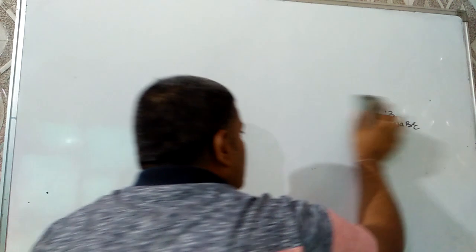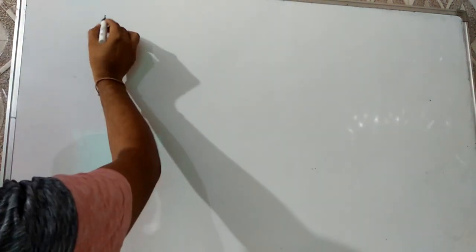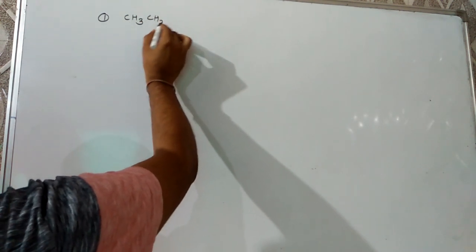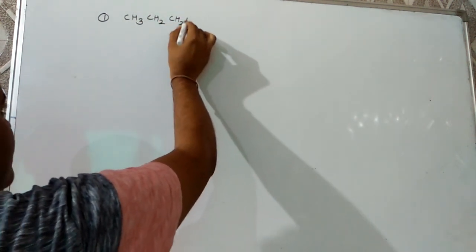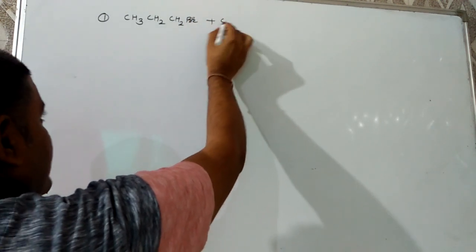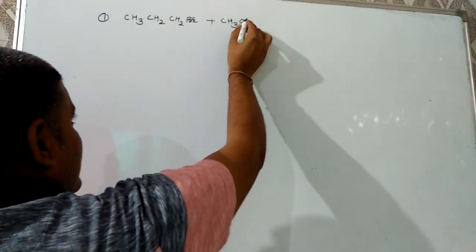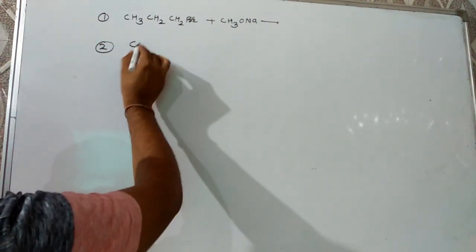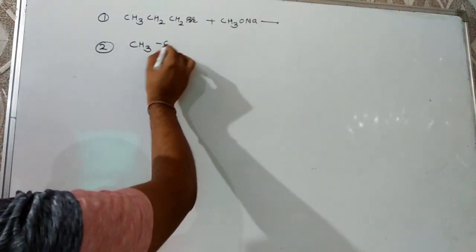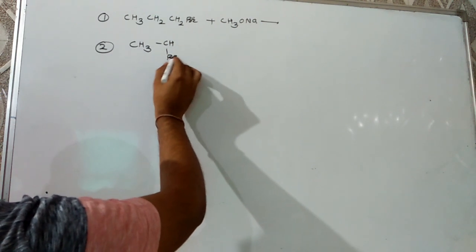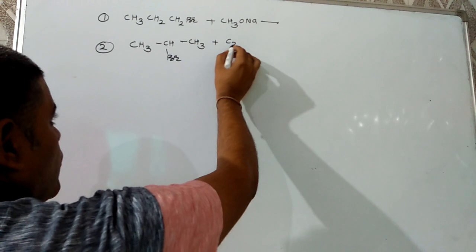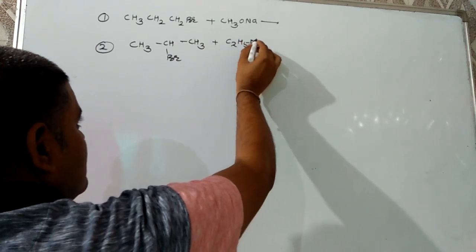Now, I am taking a few questions on it. Let's suppose we are asked to complete the following reactions. First: CH3CH2CH2Br reacting with sodium methoxide. What is the product formed? Second: CH3CHBrCH3, meaning 2-bromopropane, reacting with sodium ethoxide.